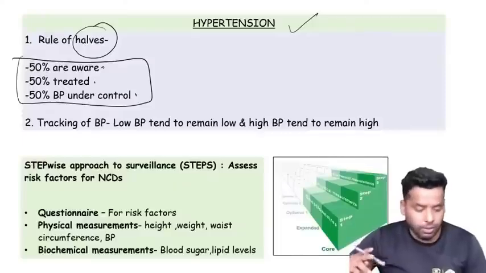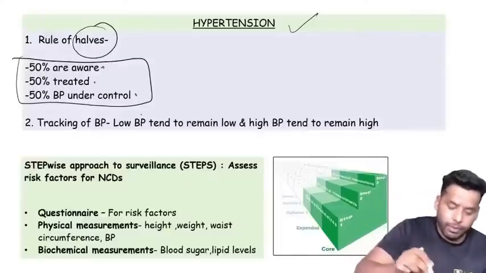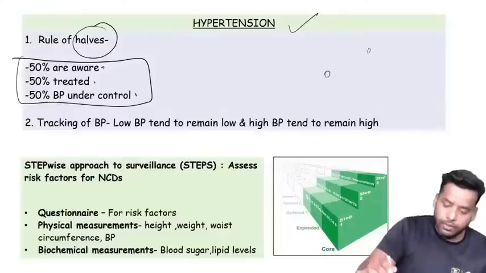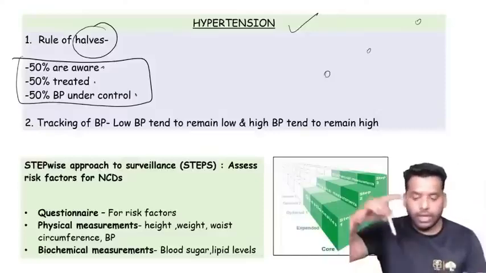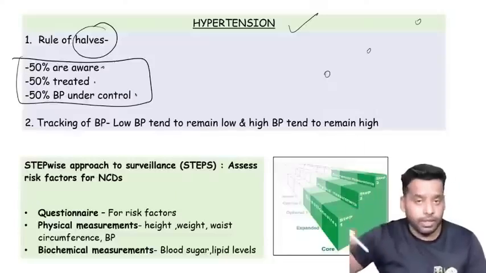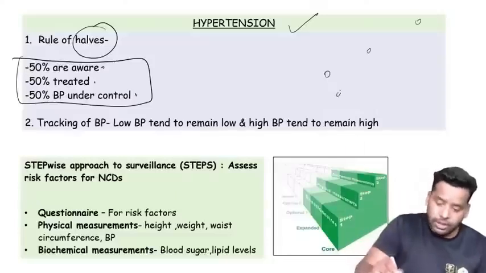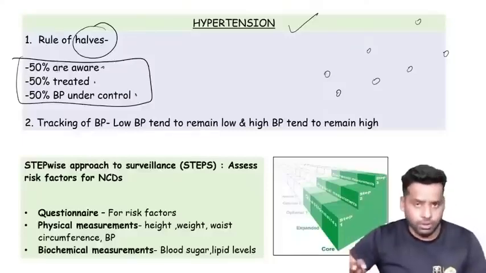Tracking of BP means higher BP will become higher, it will track towards that. You will become a hypertensive patient in the future. Lower BP will stay low, meaning it will be in the normal range only.